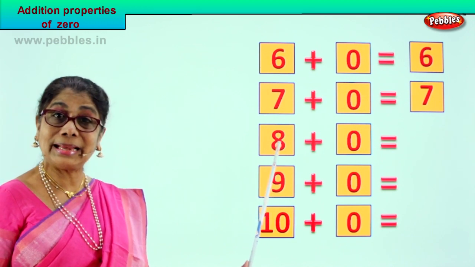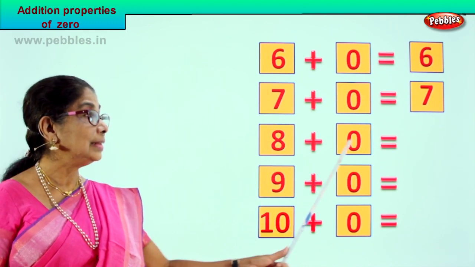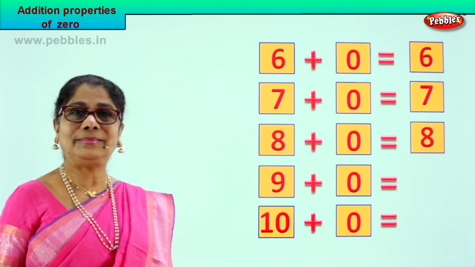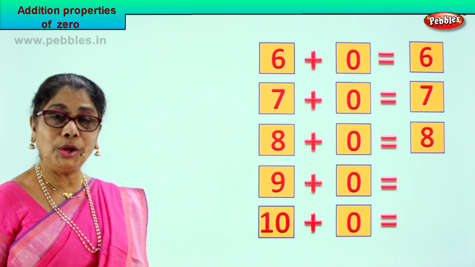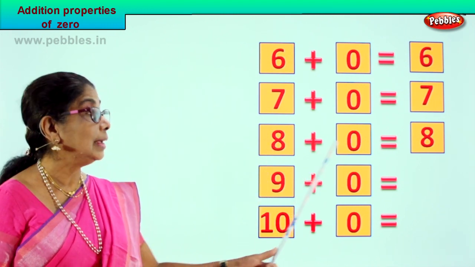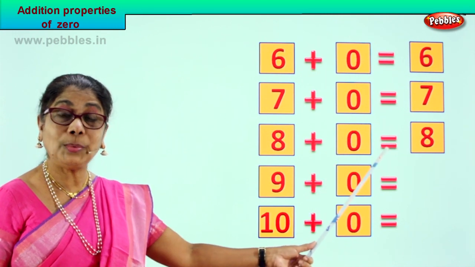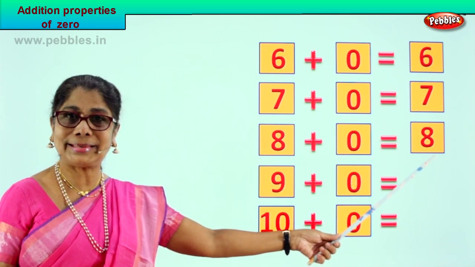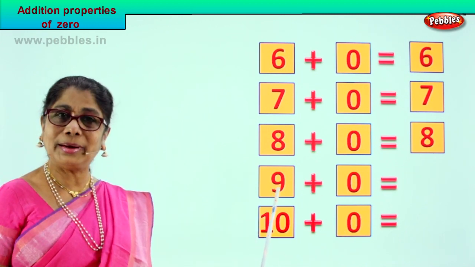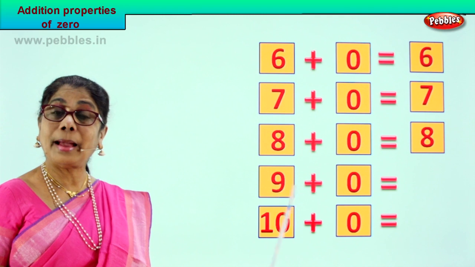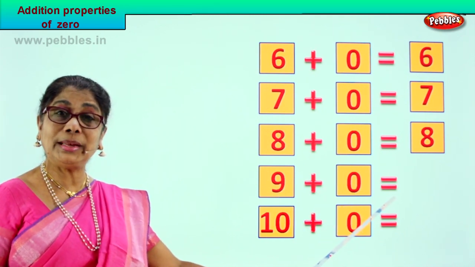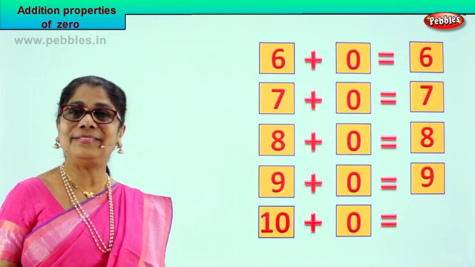Again, 7 plus 0 is equal to 7 itself. Good. Look at the next number. Number 8 plus 0 is equal to 8 itself. Take it again. Look carefully. 8 plus 0 is equal to 8. Next, let's take the next number. Number 9 plus 0 is equal to 9 itself.